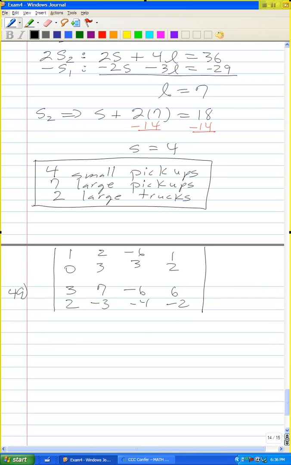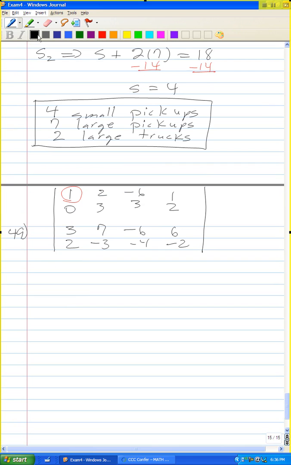And so let's pivot. I guess what I'll do is I'll pivot on the 1 here. Okay, so this is equal to 1, 2, -6, 1, 0, 3, 3, 2.